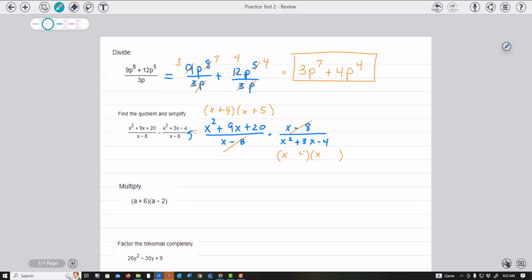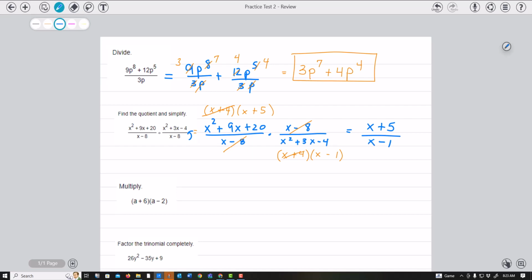So I'm going to put a 4 here and a 1. The middle is positive, so the larger number has to be positive. And so then 4 minus 1 would give me that 3. That cancels, and leaves me with my final answer of x plus 5 over x minus 1.